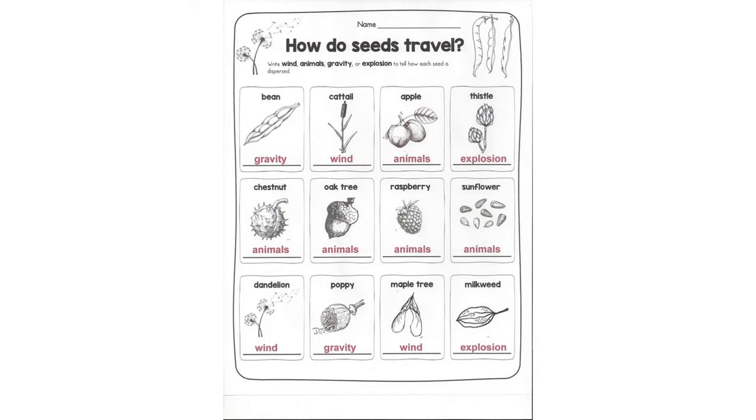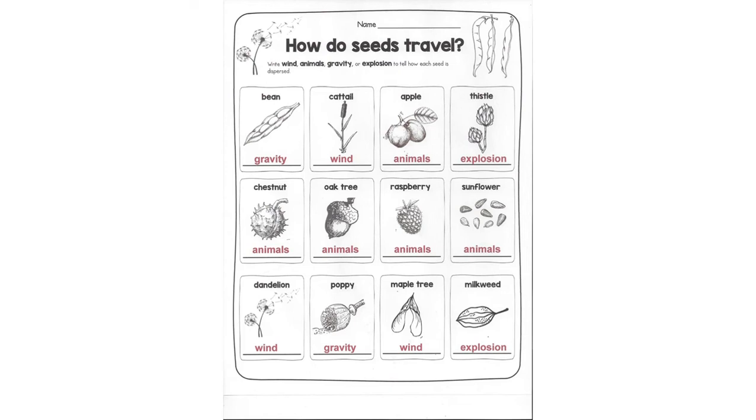Raspberries are also carried around by animals, and it can be a combination of two things. If you look carefully at them, you might remember that they actually have these little bits of almost prickly stems that are sticking out of them. So that can stick to the animal's fur, or they can be eaten by animals and the seeds pooped out somewhere else. Sunflower seeds are also spread around by animals from them eating them and pooping the seeds somewhere.